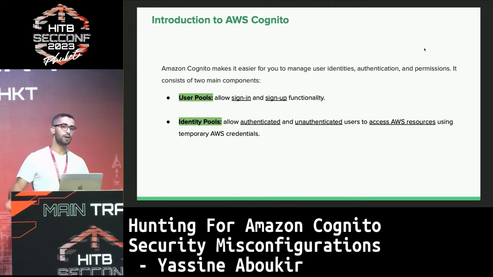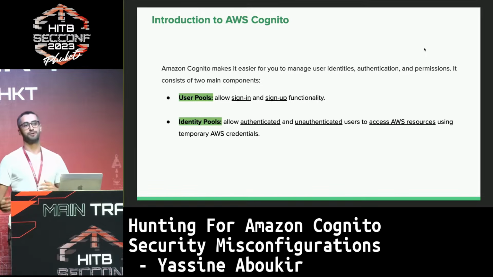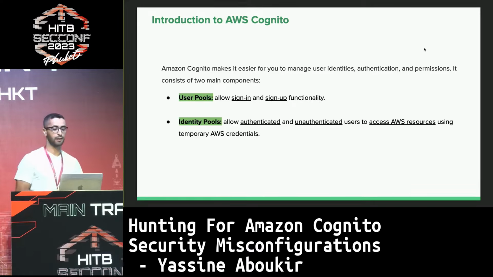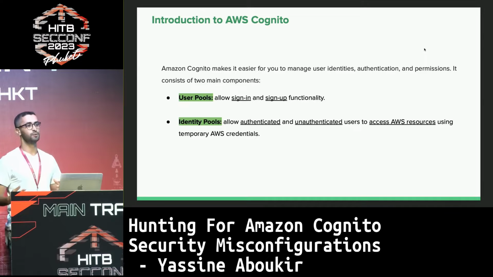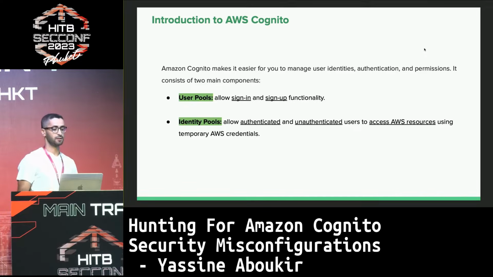On the other side, we have the identity pool, which is responsible for the authorization part. It allows authenticated and unauthenticated users to be granted access to AWS credentials, which will be used to request AWS services. So the user pool is responsible for authentication, and the identity pool is responsible for authorization. These are the two concepts to remember.